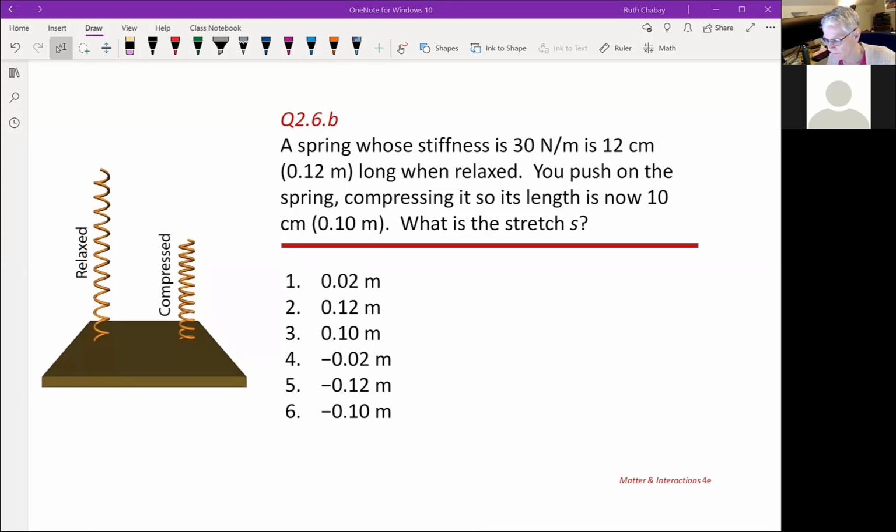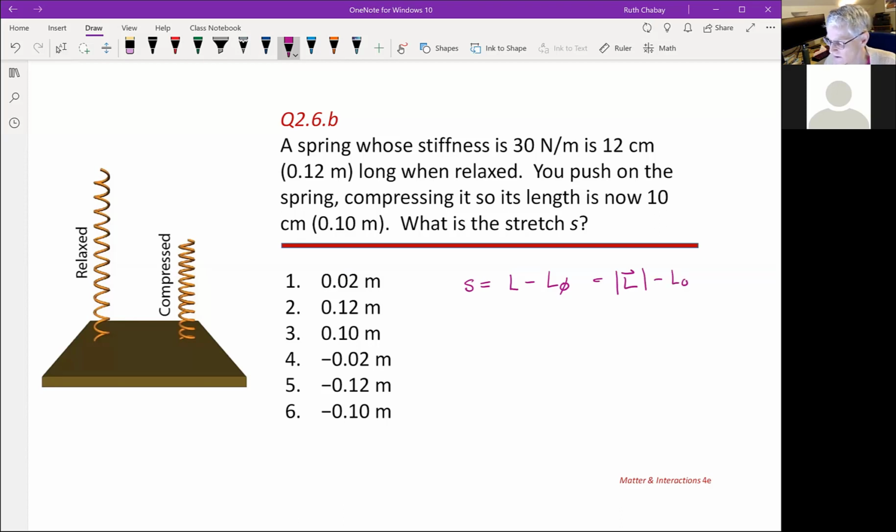Okay. So 4 is indeed the correct answer. And let's see why. The stretch is equal to the current length minus the relaxed length. Notice that the current length is actually the magnitude of this L vector.